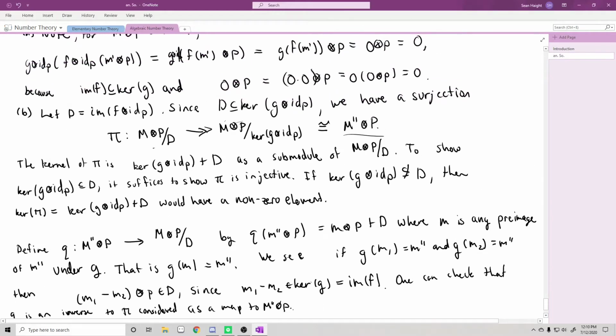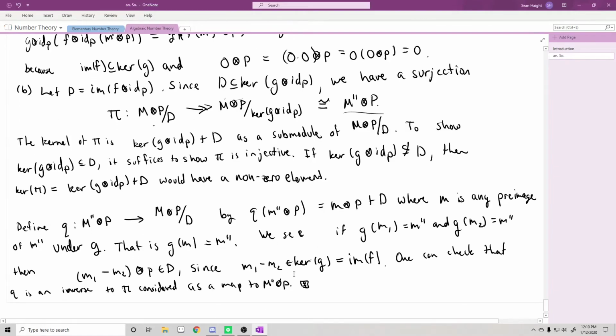Okay, so this part B is kind of where the magic happens. It's definitely the most challenging portion. Just to give you an overview, essentially you take a quotient by the image, and you really want to show that this quotient by the image and the quotient by the kernel are the same thing.